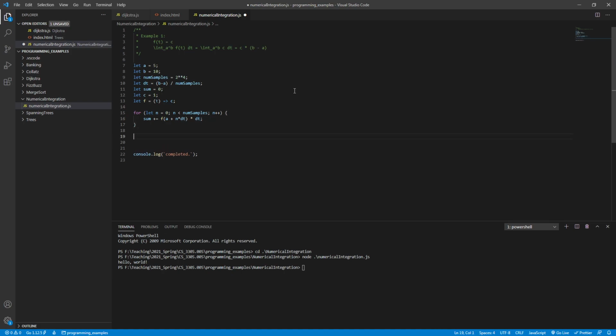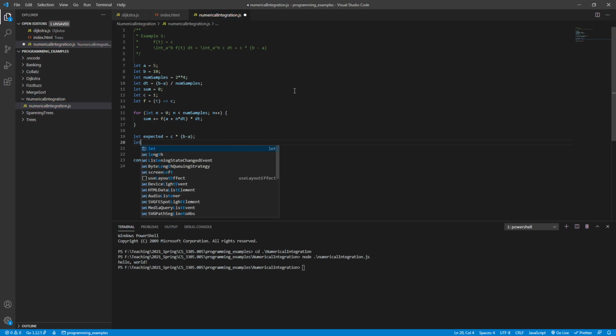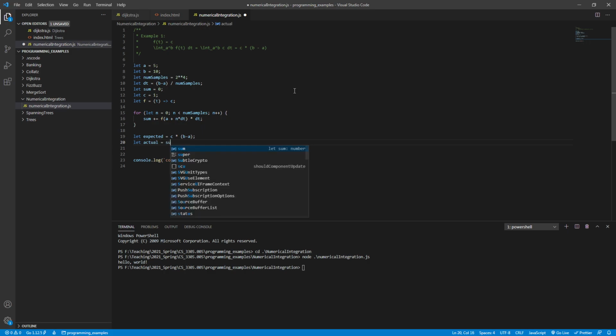Okay, so now if we consider this as a test case, then we have the expected value, which is just c times b minus a, an actual value, which is the summation, and an amount of error that we're willing to allow because of the way that we store decimal values in floating points.